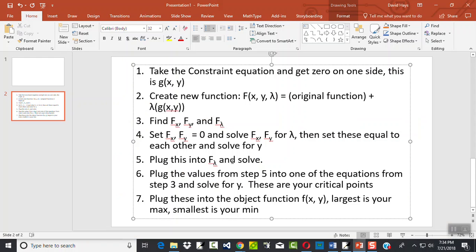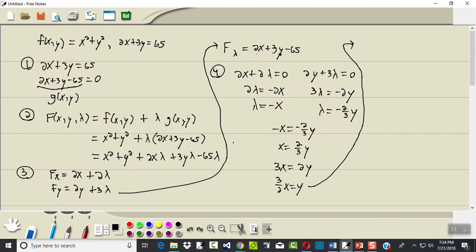Step 5. Plug this into f lambda. Now f lambda is right here. And I should have said that you set this equal to 0 too. So we now know what y is. y is 3/2 x.